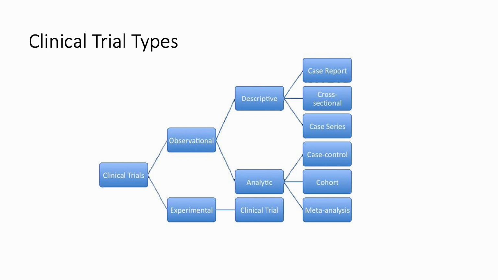We also have cross-sectional studies where we're looking into different populations. We can have case series. It means that we have 10 case reports and we combine them all, and then we write a case series report, because this is what we call a case series. It's coming from case reports.